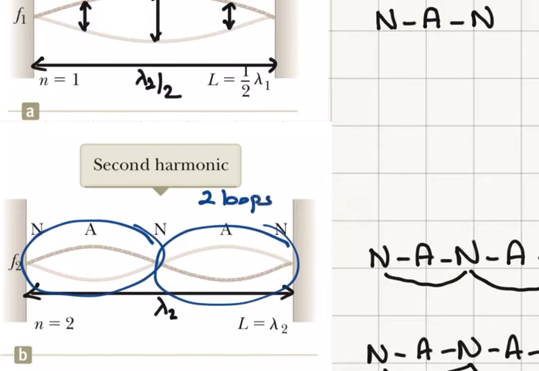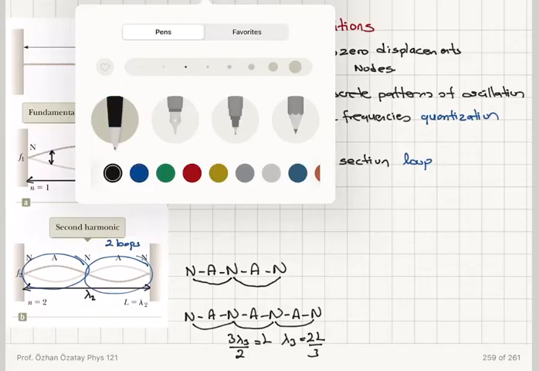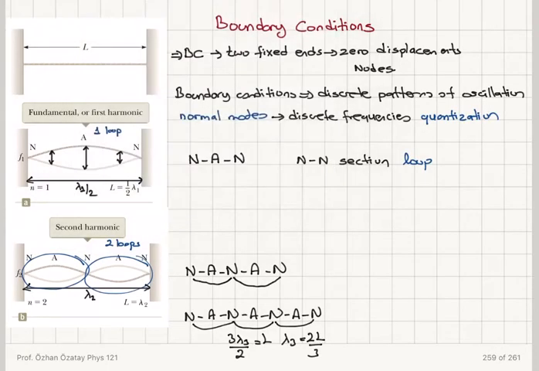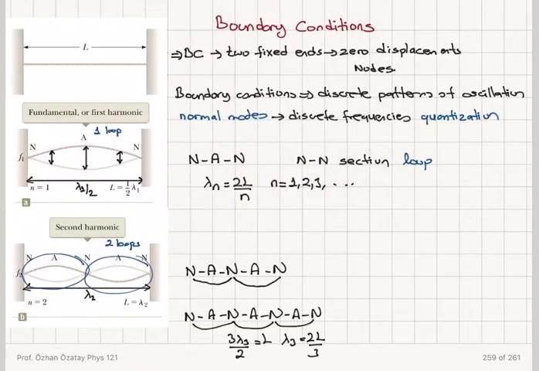You can see two loops forming here. And for these modes, I find that the wavelengths are given by lambda n is equal to 2L divided by n for the nth mode, and n is an integer: 1, 2, 3, etc.